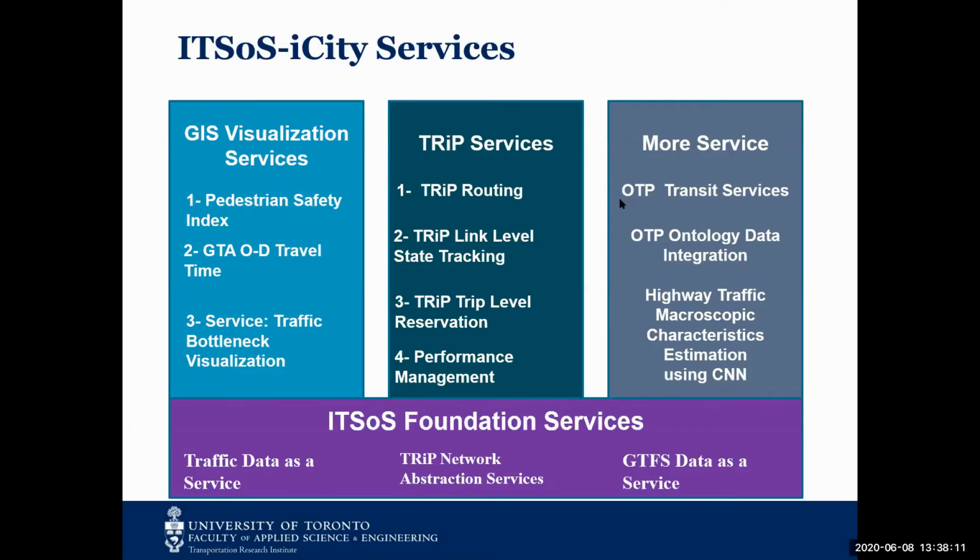Mainly, we have an open trip planner transit service. Then we built something in collaboration with Theme 1.1, the Ontology team, with Megan, where we built the OTP based on the ICT Ontology engine. The last one is the high traffic microscopic characteristic estimation using CNN. This is one of the services that has been built.